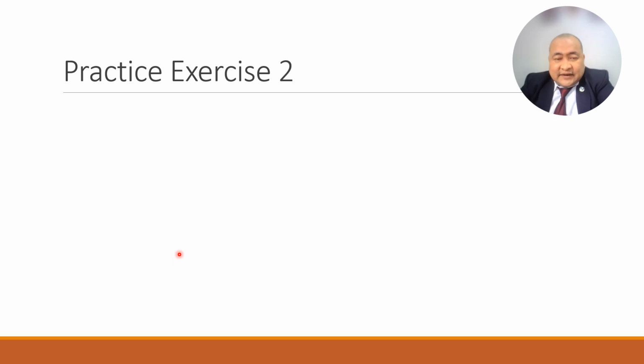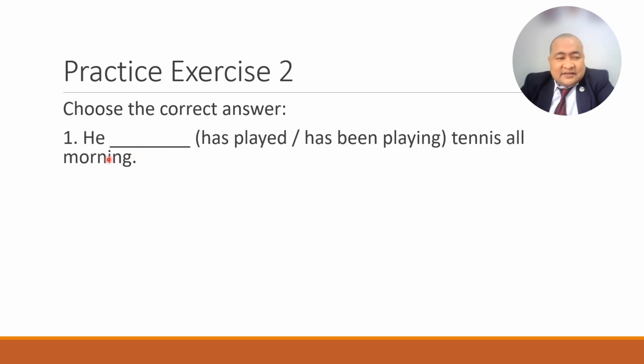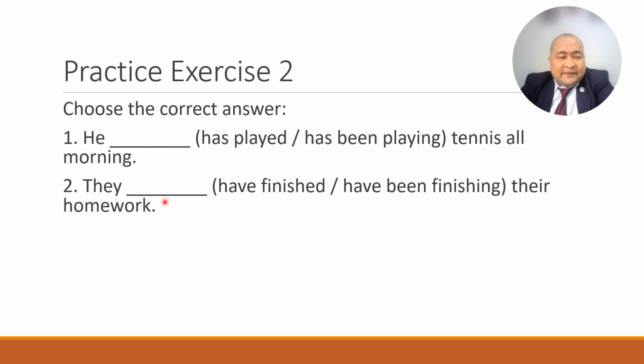That's another practice, but this time the name of the tense is not given. Choose the correct answer. He has played or he has been playing tennis. Because we can see all morning, it means still going on. So we choose he has been playing tennis all morning. They have finished or have been finishing their homework. There is no duration, there is no time that shows still in progress.